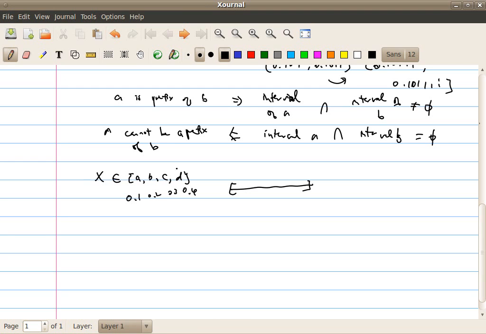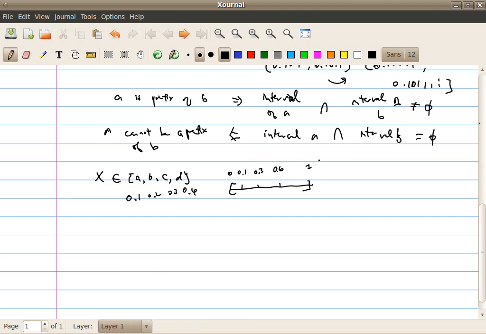Let's say A will map to the interval 0 to 0.1, and B will be from 0.1 to 0.3, and C will be 0.3 to 0.6, and D is 0.6 to 1.